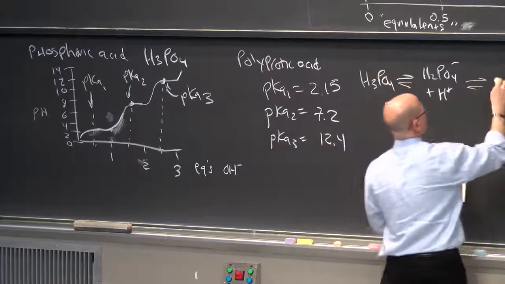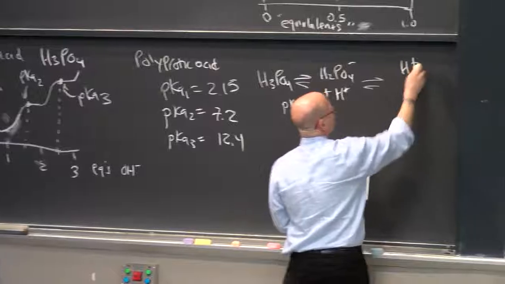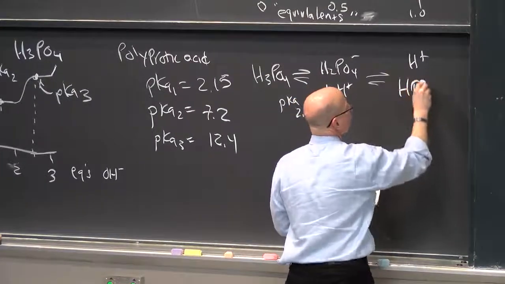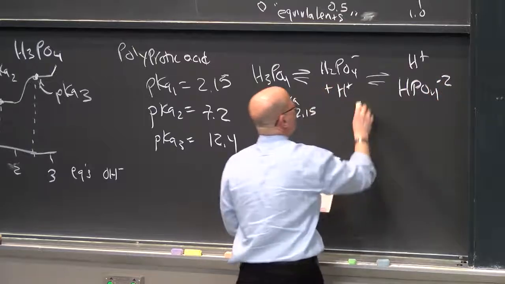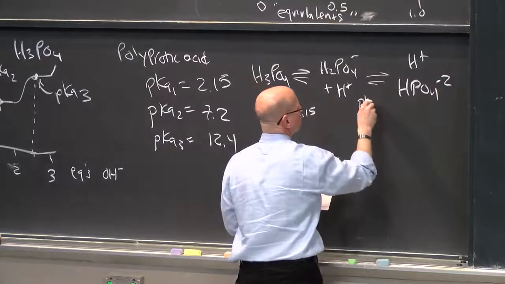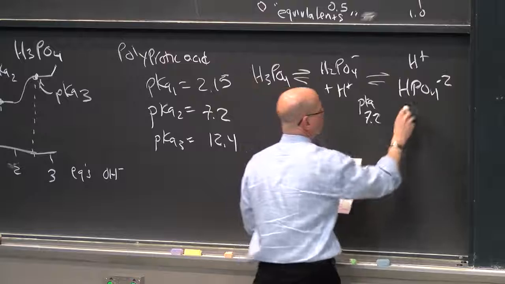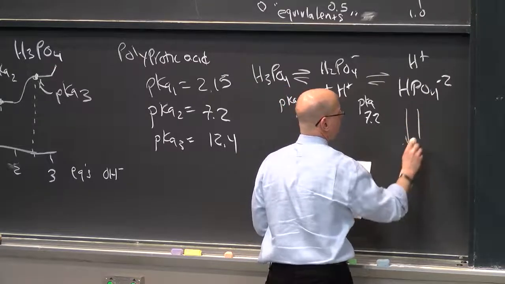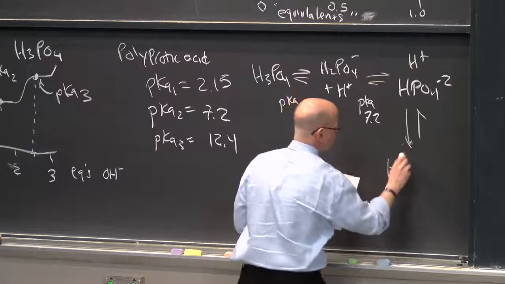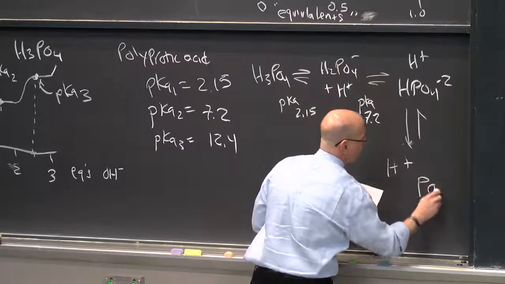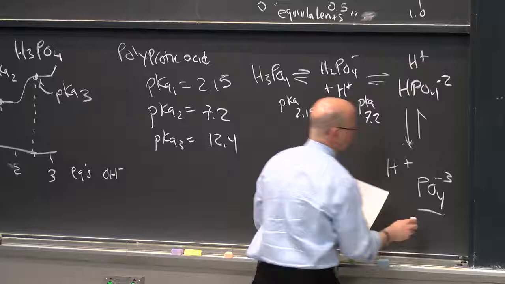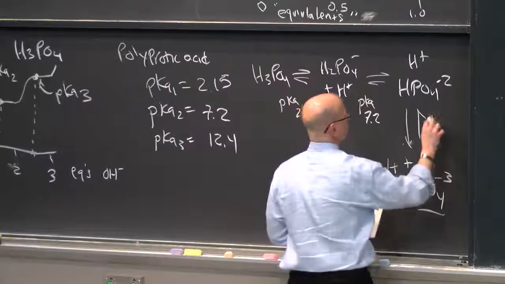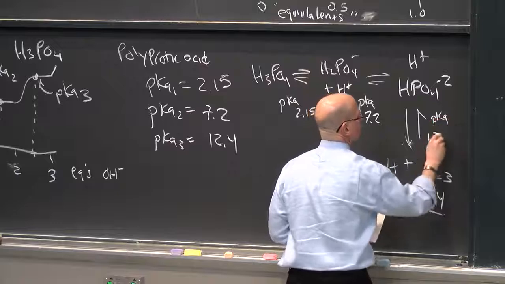And then I have a second reaction, which gives rise to a proton and HPO4 minus 2. And this has a pKa of about 7.2. And then I have a third reaction in which I dissociate another proton, and now I have the phosphate ion alone with a charge of minus 3. And this pKa here is about 12.4.